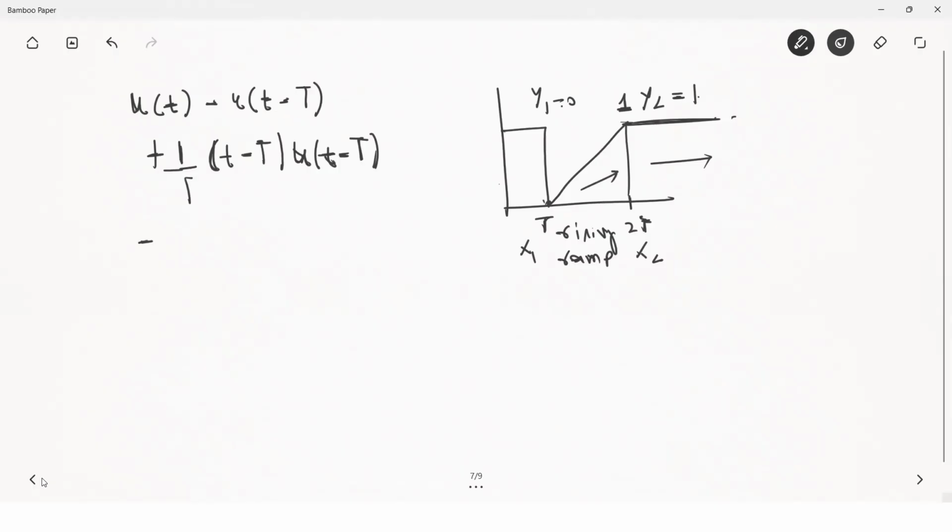So you'll just do t minus 2t. Again, the slope there, if you notice, would be t into u of t minus 2t. So like this, you will realize the function. So the answer to this would be this. Okay, this is the answer to this.